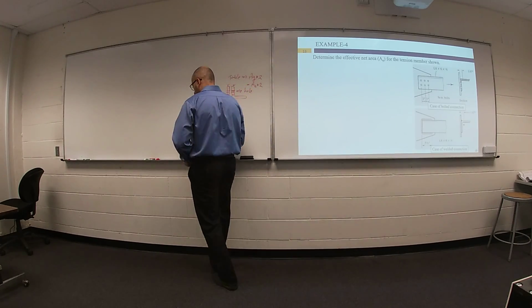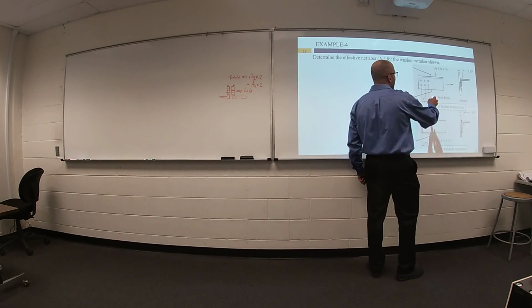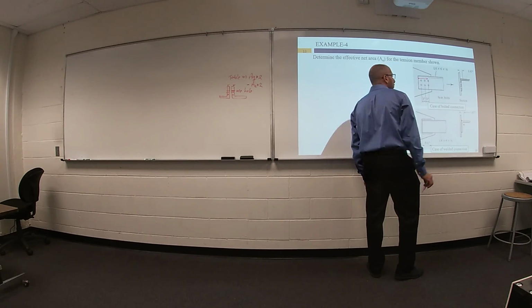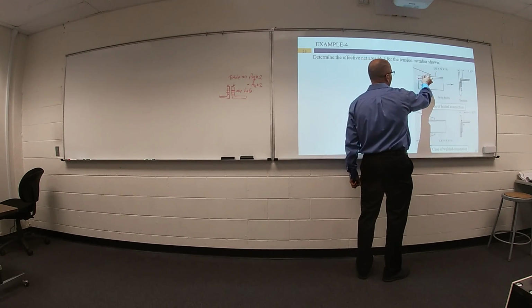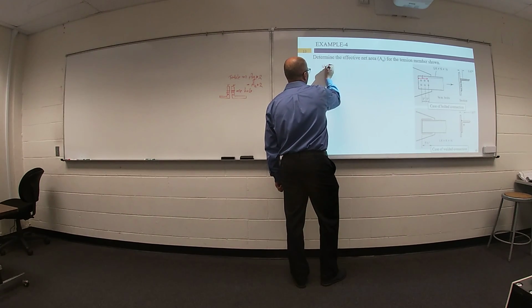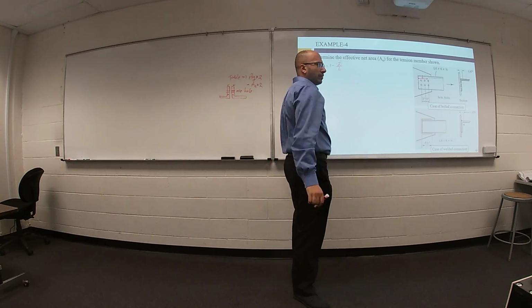L in this term is the distance between the center line of these bolts to the edge of the member. Here is your L. U equals 1 minus X bar divided by L. Anybody remember where I can get X bar?